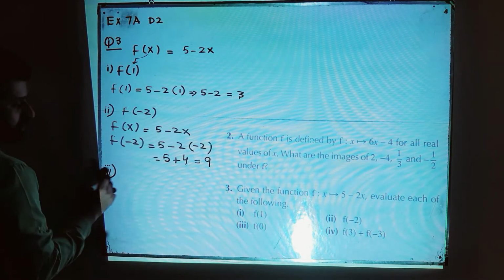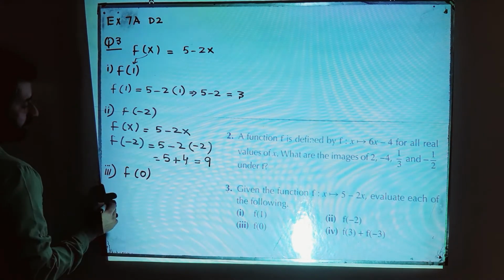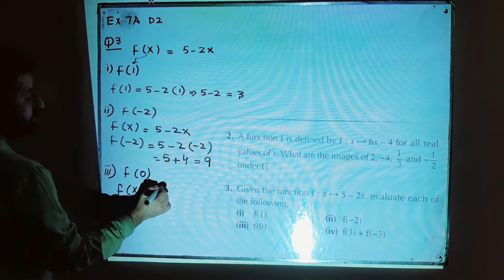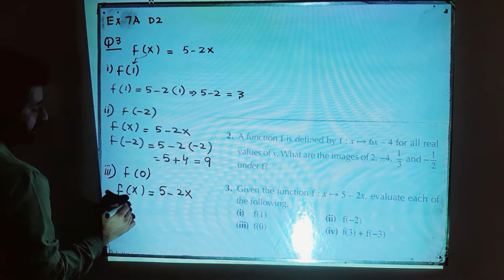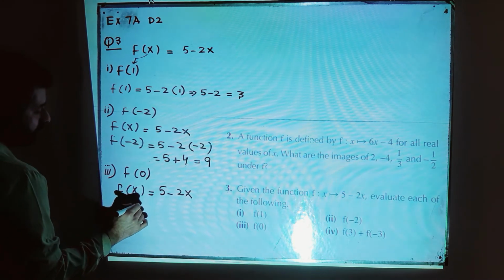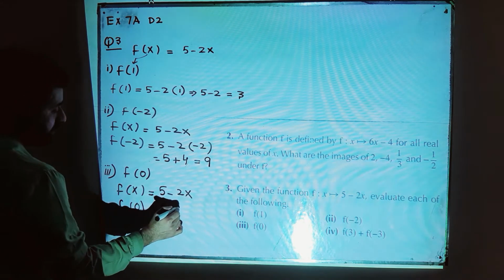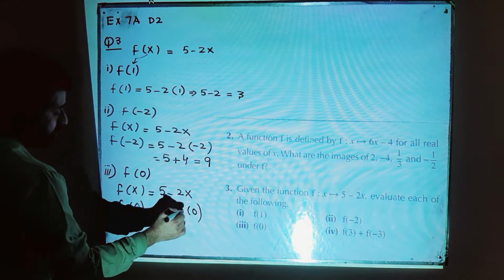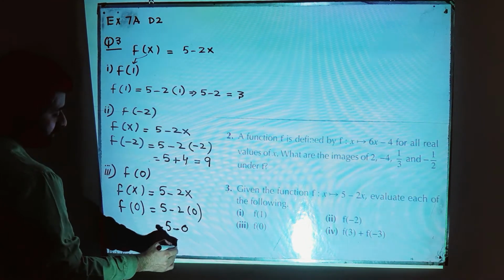Part number 3, f0, which means in your function, f x is equal to 5 minus 2x, you are going to use 0 in place of x. So 5, 2 into 0 is 0. So your answer is 5.